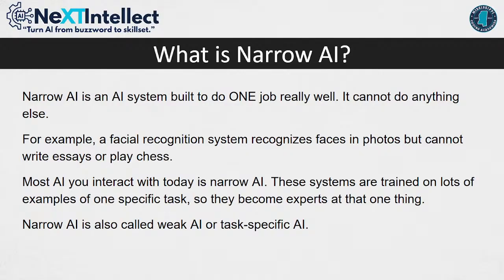Okay, so pretty much all the AI you could think of is encapsulated in calling it narrow, and we'll see that it's usually focused on being task specific, on doing one thing, one specific task really well. So ultimately, they could become experts at one thing. So it could be an expert at writing, it could be an expert at generating images, an expert at generating music. And note that narrow AI is also called weak AI or task-specific AI.